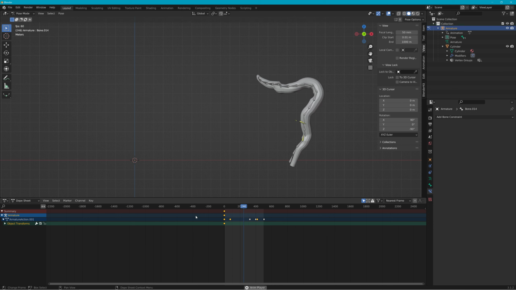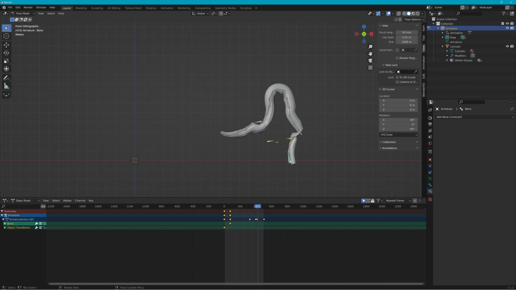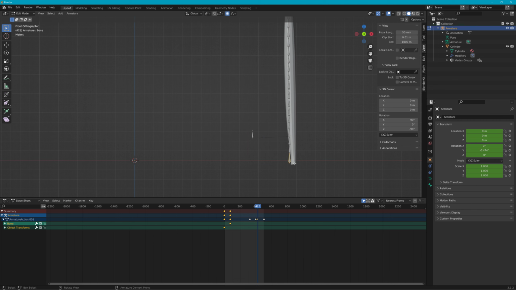Now the other thing is, if inverse kinematics will actually work, if they're done correctly, which I'm not exactly sure what I did, but if we go to object mode, or edit mode rather, and we tell this bone, on this frame, no, that's not what I did.